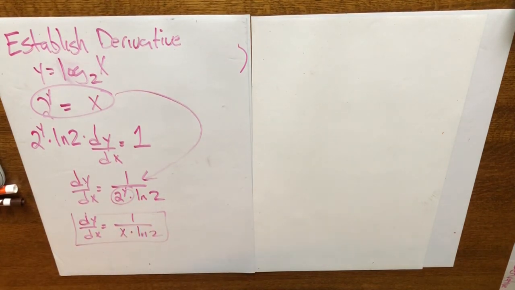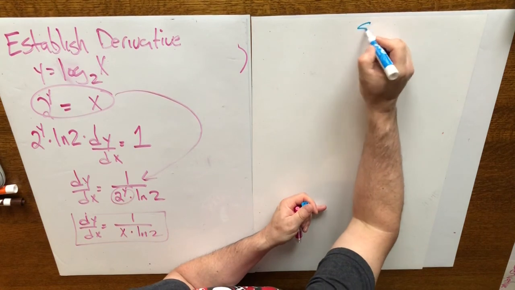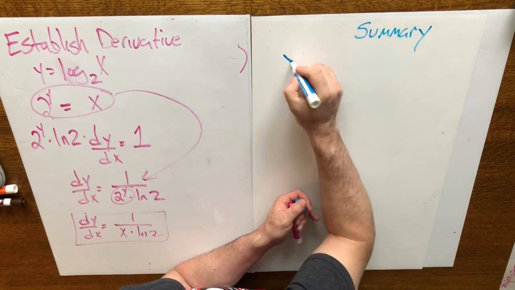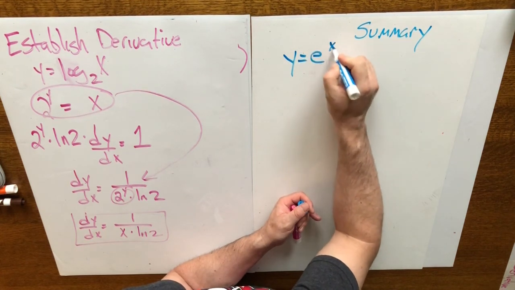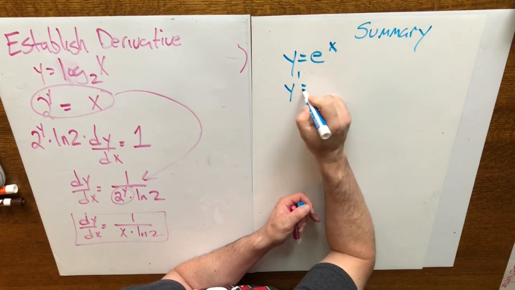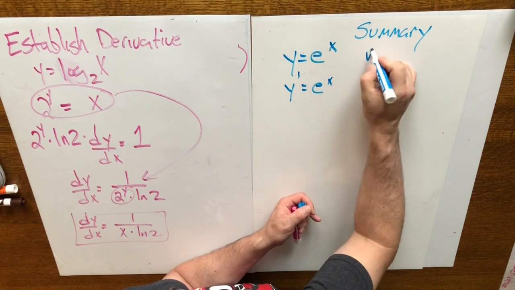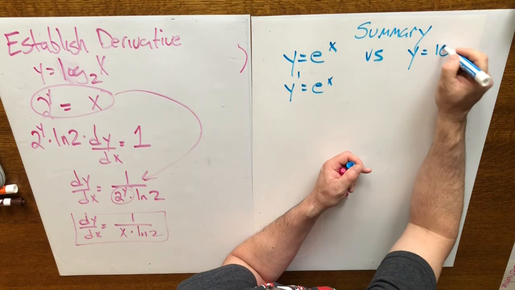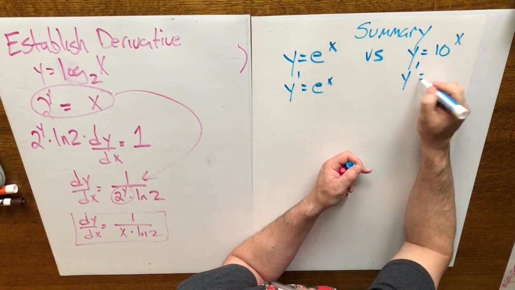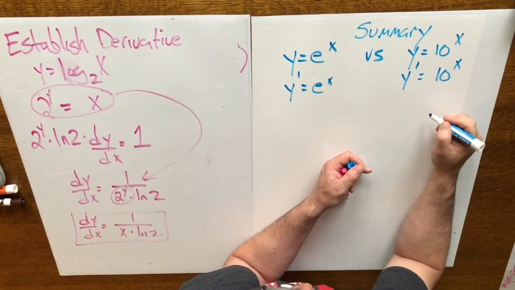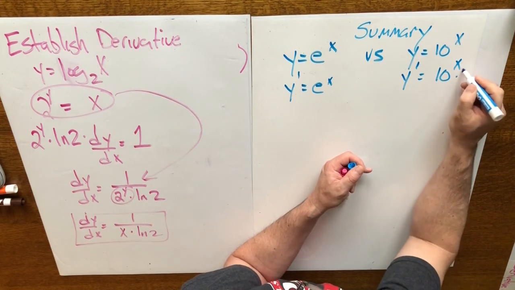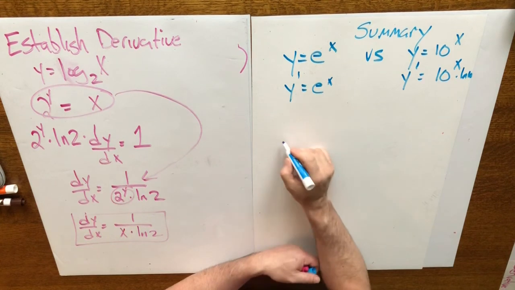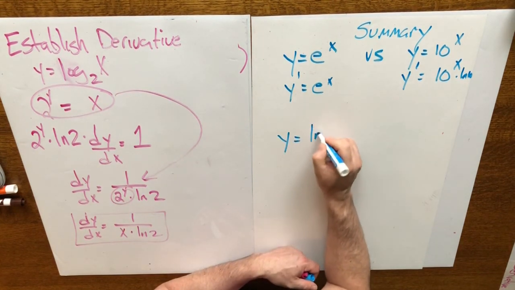To summarize, we will look at this little chart. If y equals e to the x, y prime equals e to the x. Compare that to a general exponential function like 10 to the x. Y prime equals 10 to the x times ln 10. You see the similarity there, but you need to multiply that by the ln of the base. Y equals ln x.